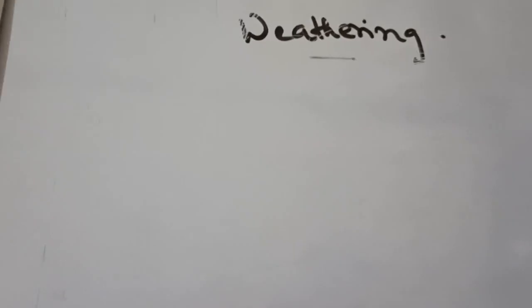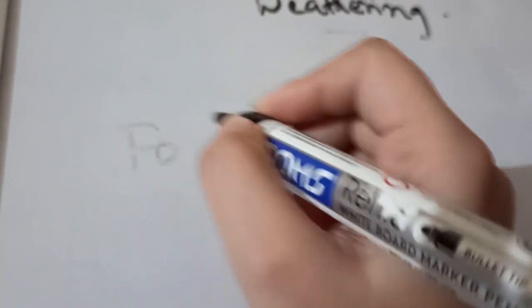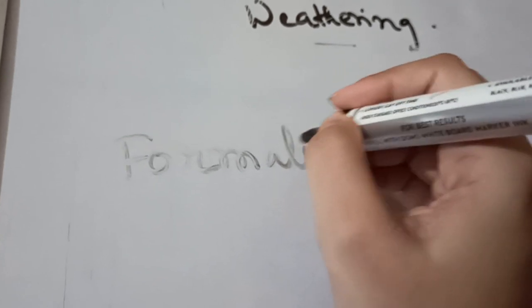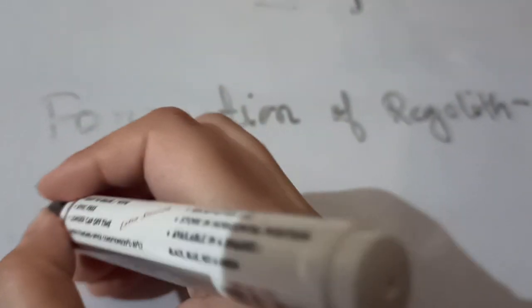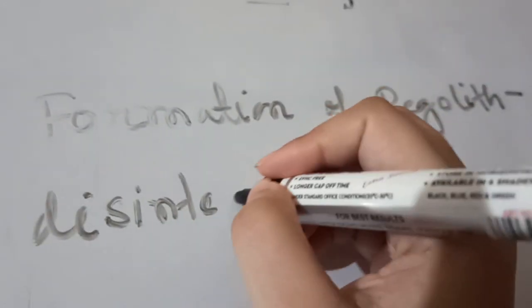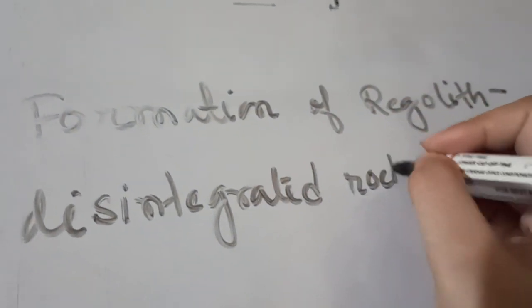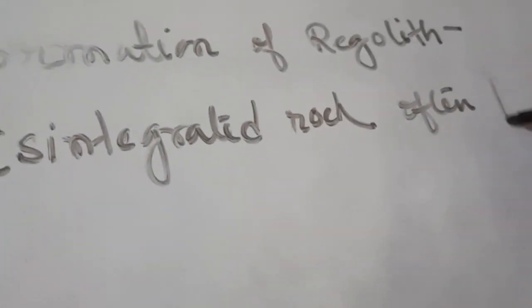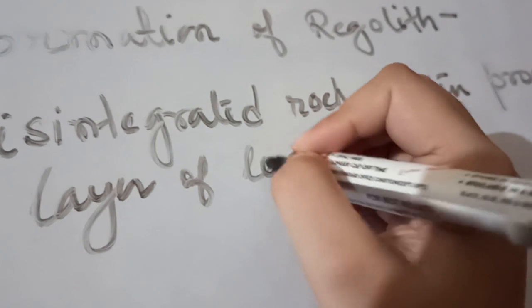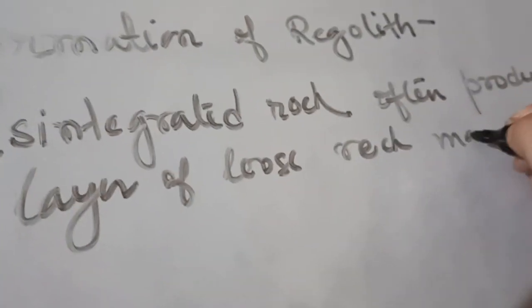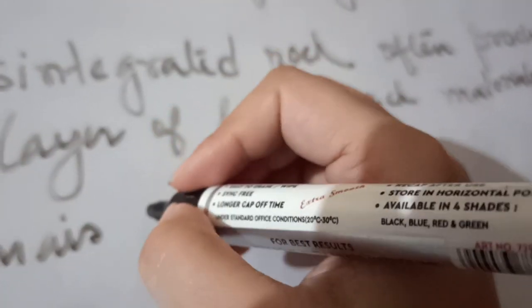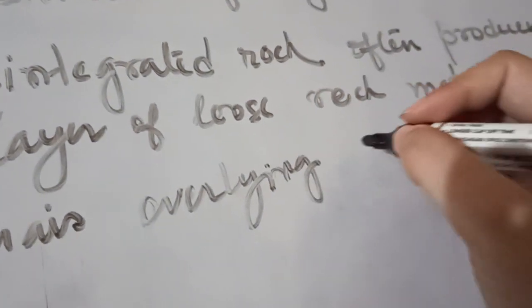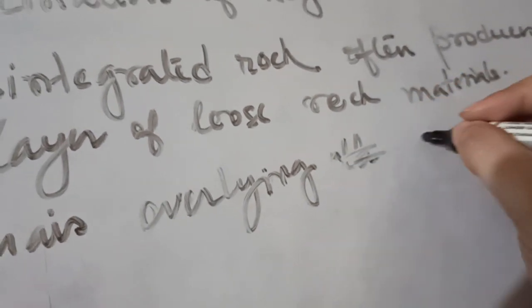The next is the formation of regolith. So the disintegrated rock often produces a layer of loose rock materials which remains overlying on the bedrock.